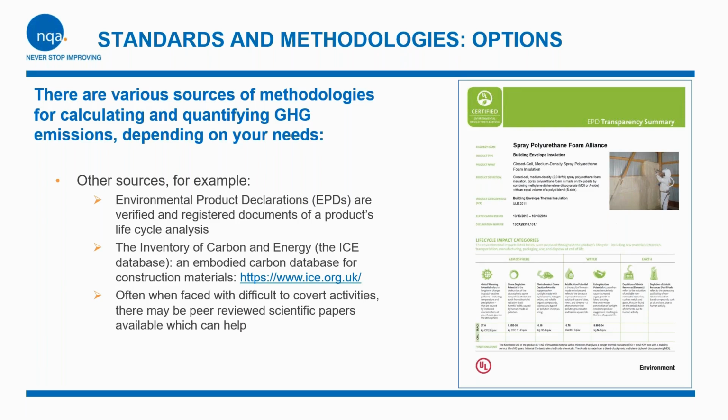And very occasionally we find a company which has activities for which there is no conversion factor, but often you can find peer-reviewed scientific papers which might provide at least some of the information that's needed to develop your own carbon conversion factor for those activities. Mostly that takes place in things like forestry and agriculture. The previous ones we've looked at generally give all the conversion factors you need for industrial activities.